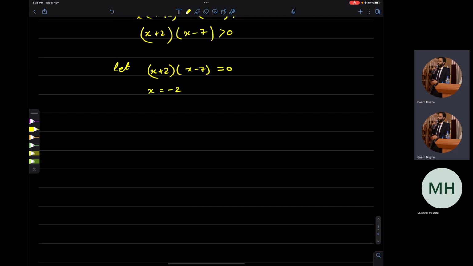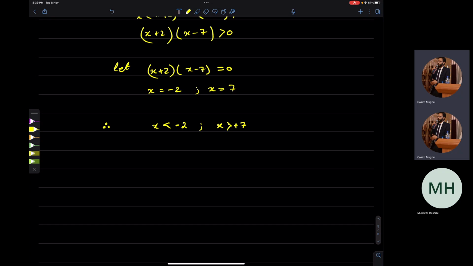Then x would be equal to negative 2, and x would be equal to positive 7. Therefore, x is less than negative 2, and x is greater than positive 7.